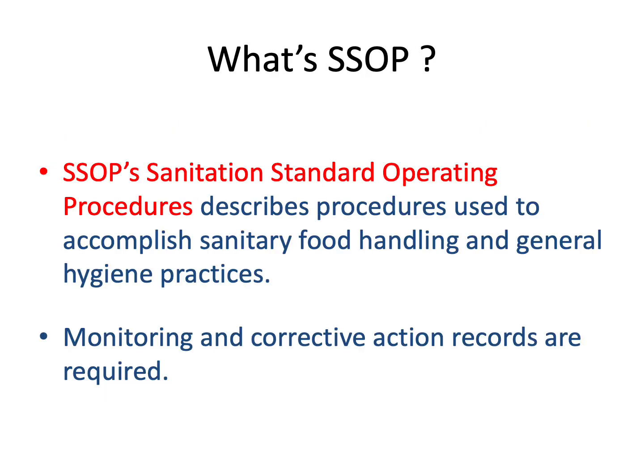What's an SSOP? SSOPs are Sanitation Standard Operating Procedures. They describe particular procedures used to accomplish sanitary food handling and general hygiene practices. Monitoring and corrective action records are required.